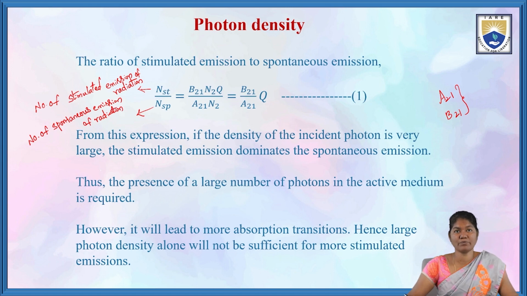So the ratio of stimulated emission of radiation to the spontaneous emission of radiation gives B21 by A21 Q.